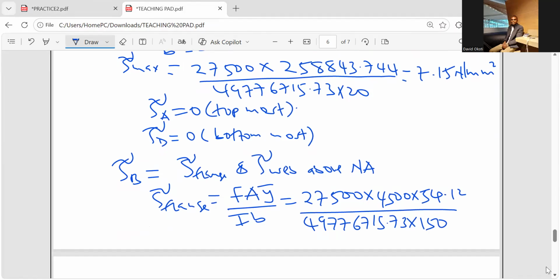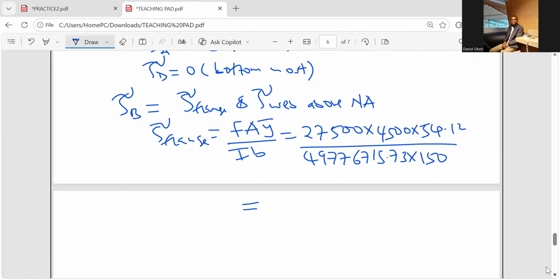So if I work out, this gives me 0.897 Newton per millimeter square. We say that point B I'll plot 2.